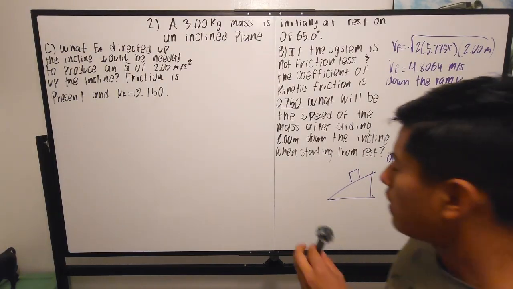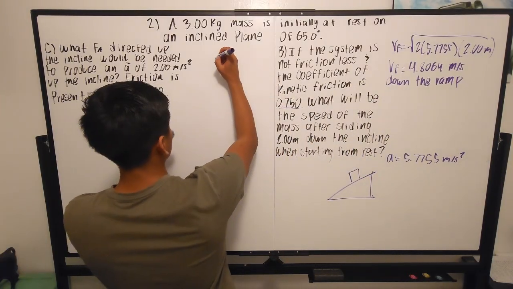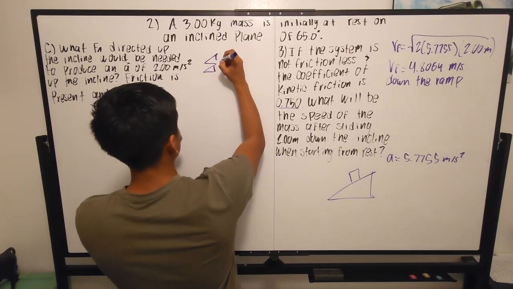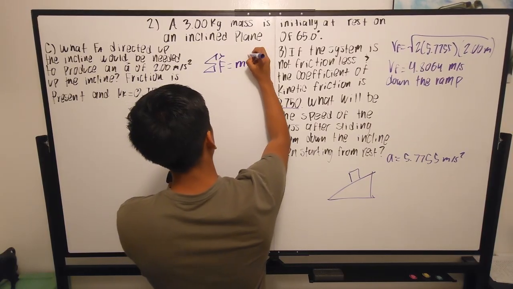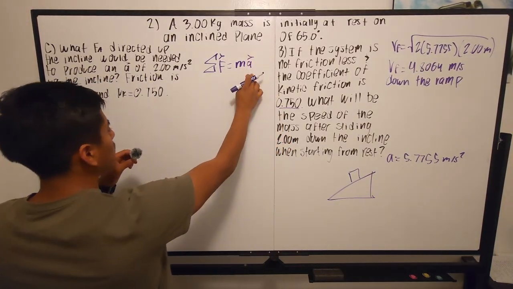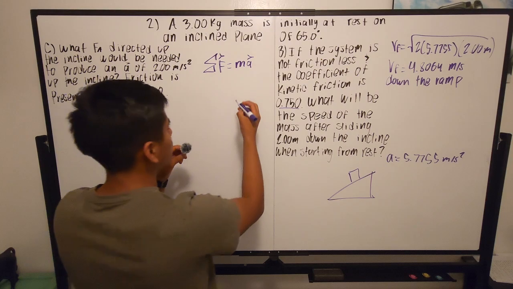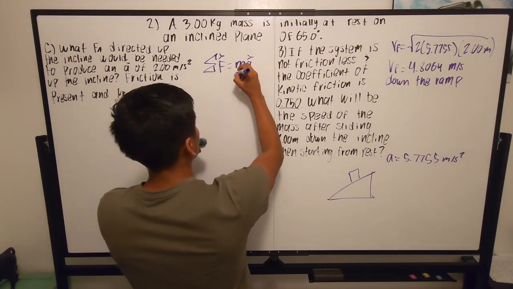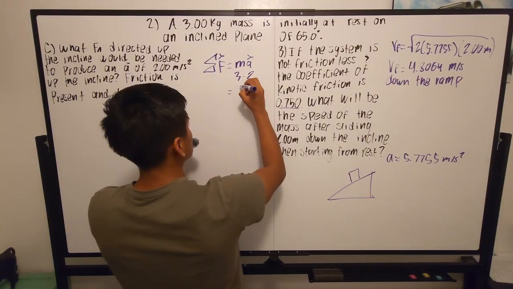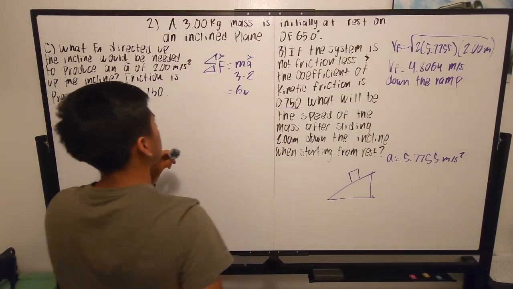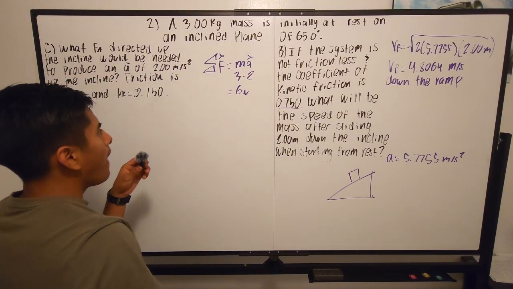So let's go ahead and write. We're going to start with Newton's second law. We know our mass and we know our acceleration. So we can just go ahead and solve for that right now. Our mass is 3 and our acceleration is 2. So then this is going to be equal to 6 newtons.